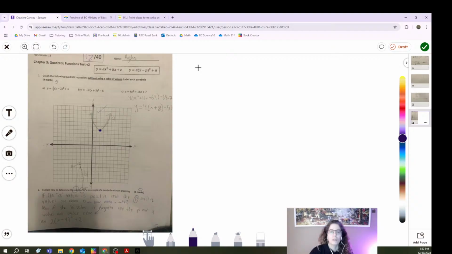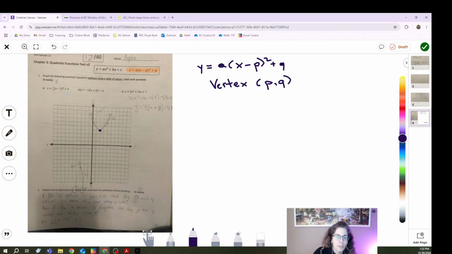All right, so when we're looking at this vertex form that we've got here, the key pieces that are super important from this, I'll just rewrite it over on this side, is that P value and the Q value, because that's going to give you the vertex, plus Q. So our vertex is going to come from P and Q. So your vertex in this first one has a vertex of 2 and 4. Because that's coming from the P value, that's coming from the Q value.